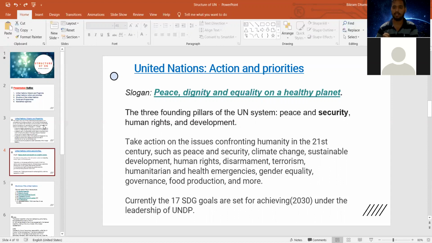You know that peace is the absence of violence or absence of conflict in society. Second, security is to safeguard any nation or territory from external affairs or from violent attacks. Third, climate change is a type of environmental issue.